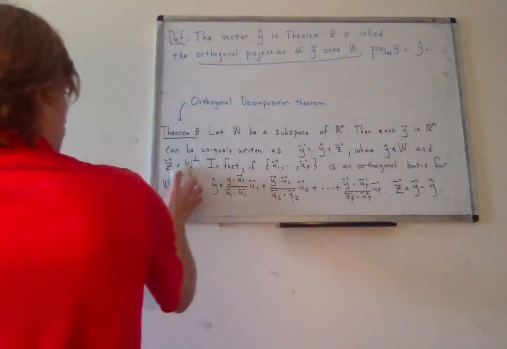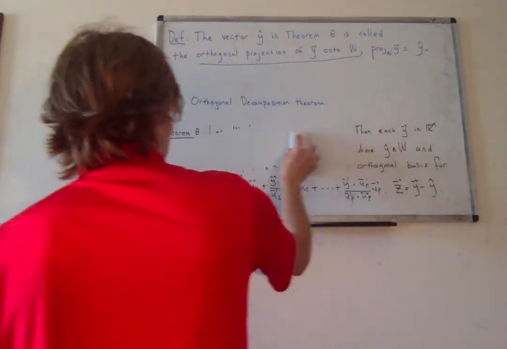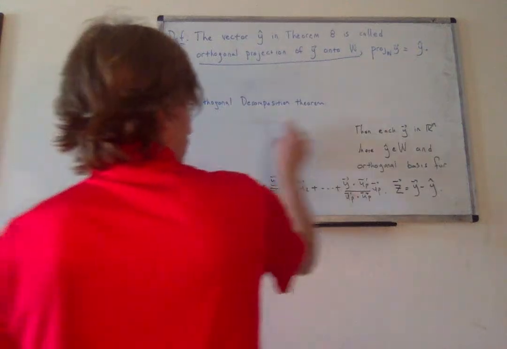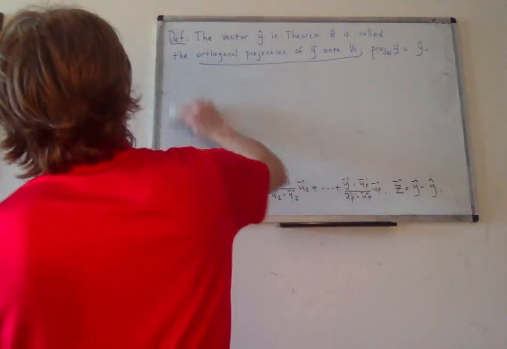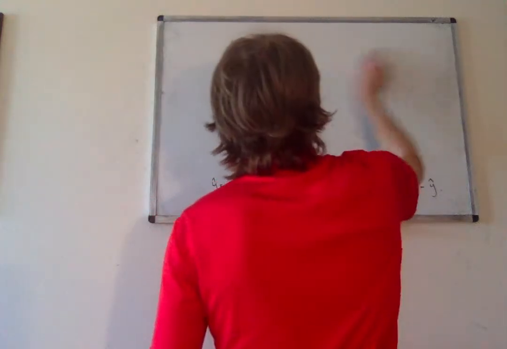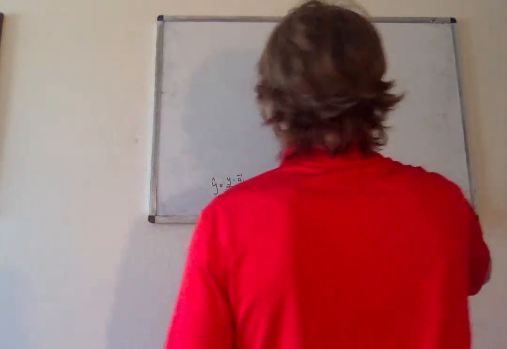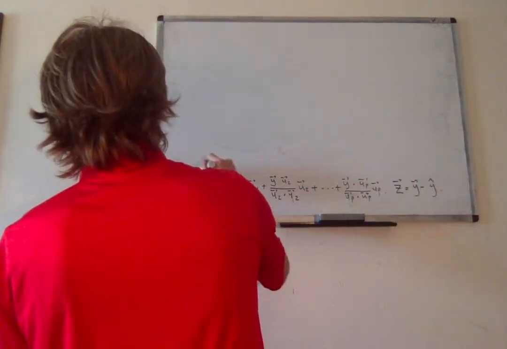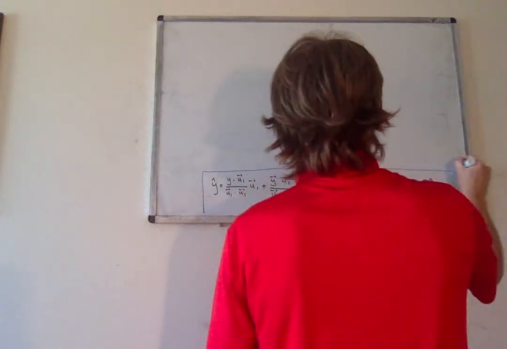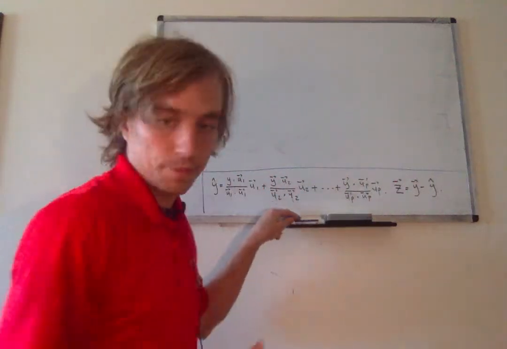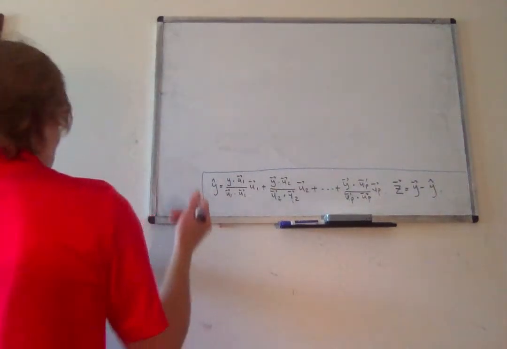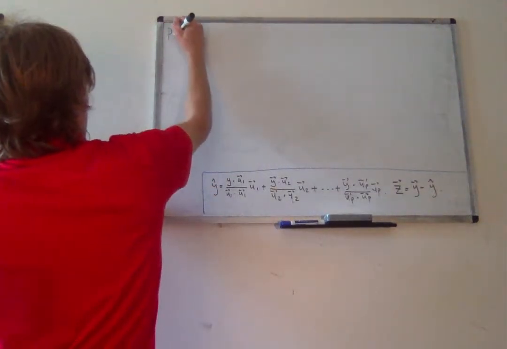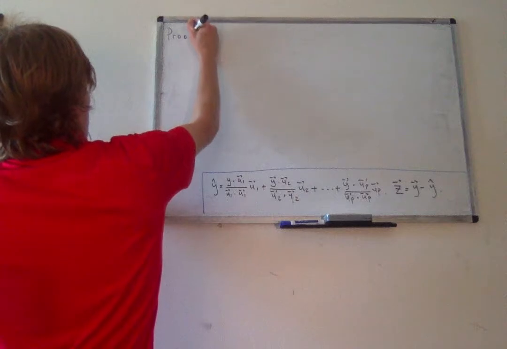So I'm going to leave up y hat as we prove this theorem, and we'll leave up what z is. All right, proof of theorem 8. And then actually we're just going to go through an example and then we'll be done for this video.